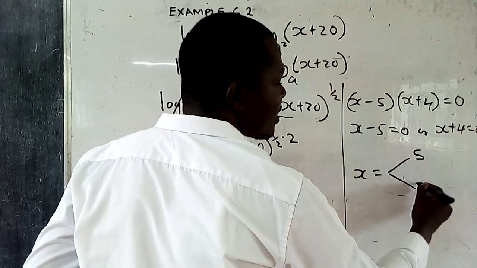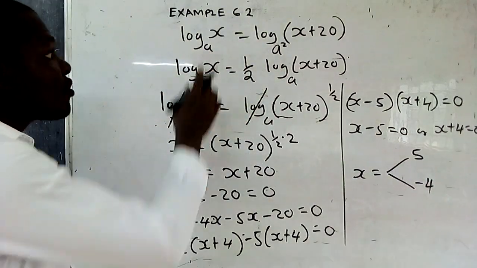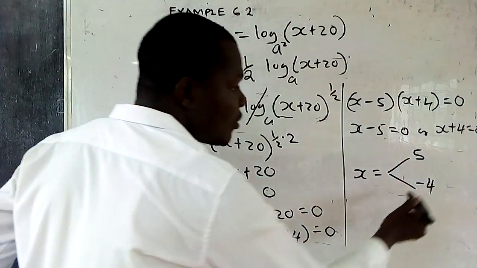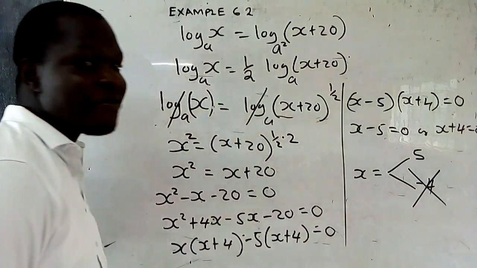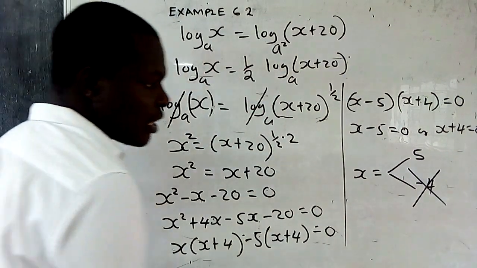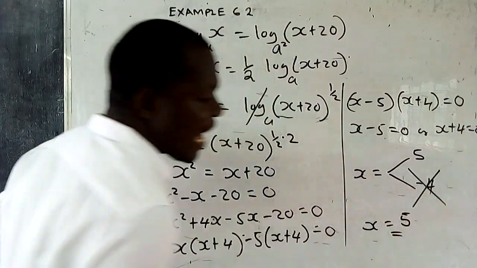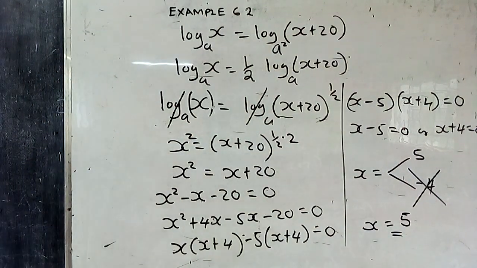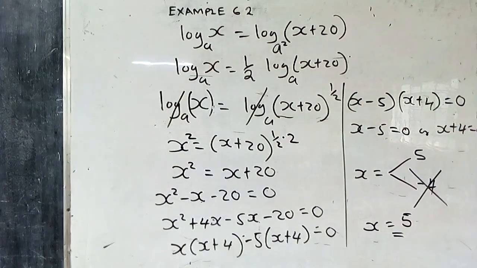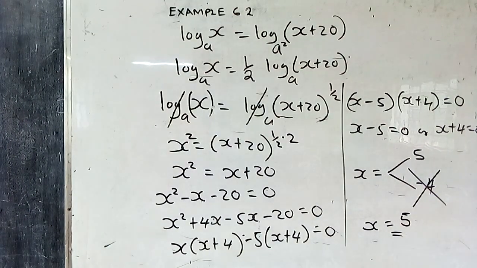The next solution of x is negative 4. Because these logarithms are not absolute value, meaning the negative solution is undefined, isn't it? Are we together? So we get the solution of x to be what? To be 5. Is that okay? So you found x is 5, and you have handled that problem.